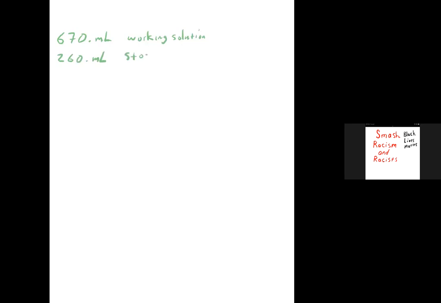They tell you this is the stock solution. And then they tell you that it's 54.3 millimolar stock solution. And then they ask you for the concentration of the working solution.